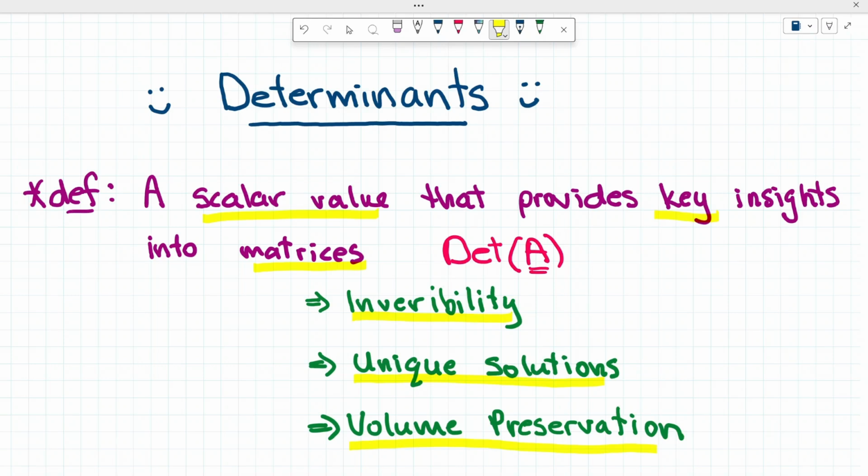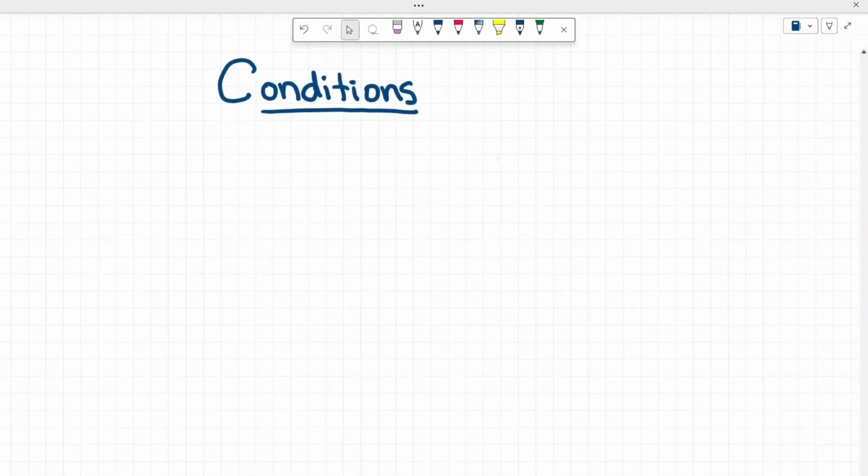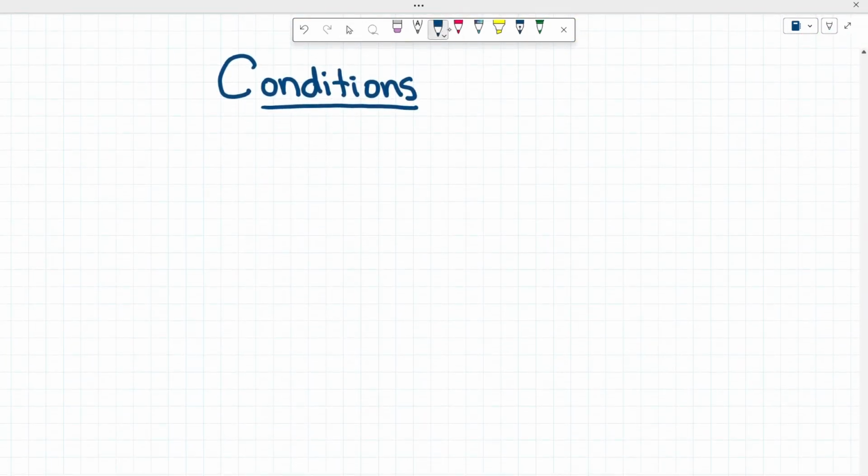For today's lesson, I'm going to show you how to calculate the determinant for 2x2 matrices and 3x3 matrices. And then these learnings can be applied to larger matrices as well. First of all, let's look into the conditions, because not all matrices are invertible.